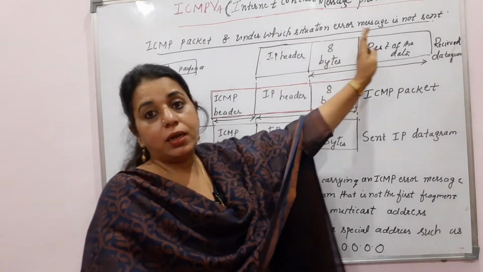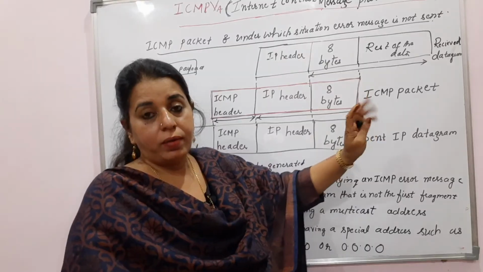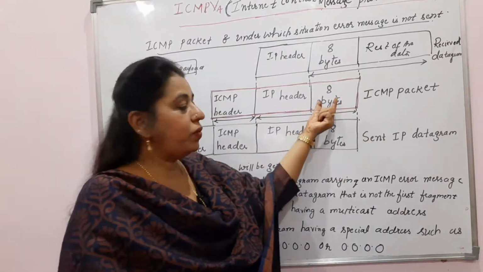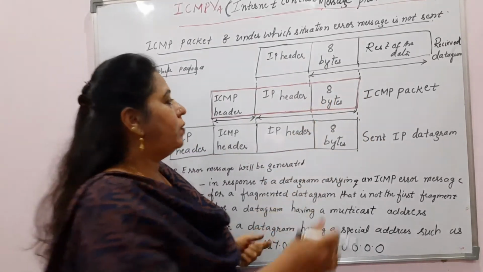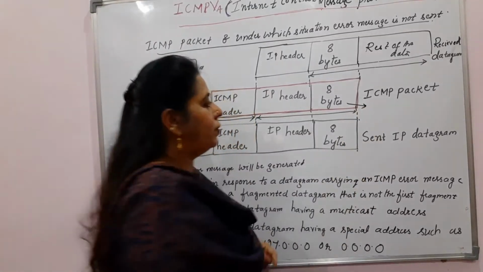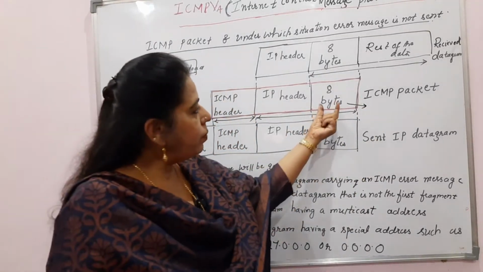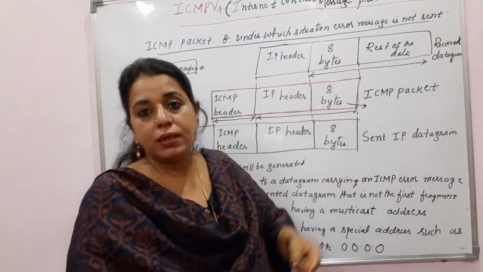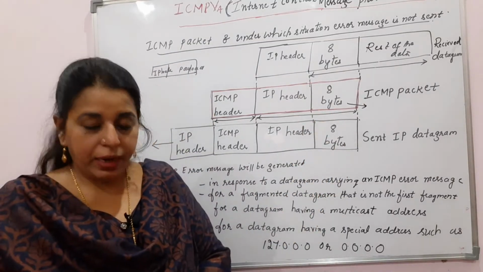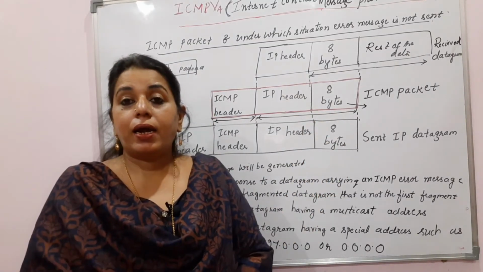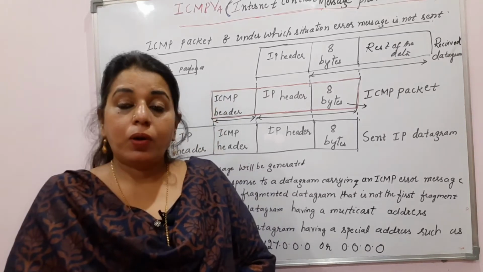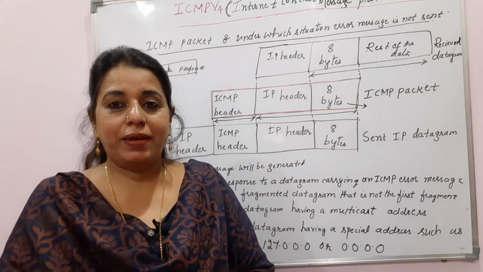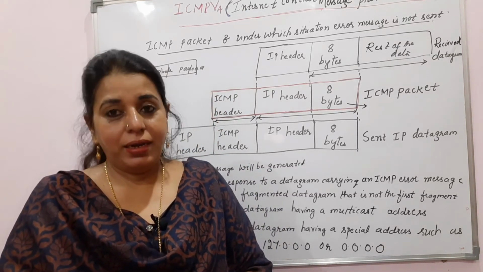Why are we not taking the complete data? That is not required. But why do we want only 8 bytes of information? This information is very important. Normally the starting 8 bytes in the data part of the IP packet contain the port numbers of the transport layer, UDP and TCP.